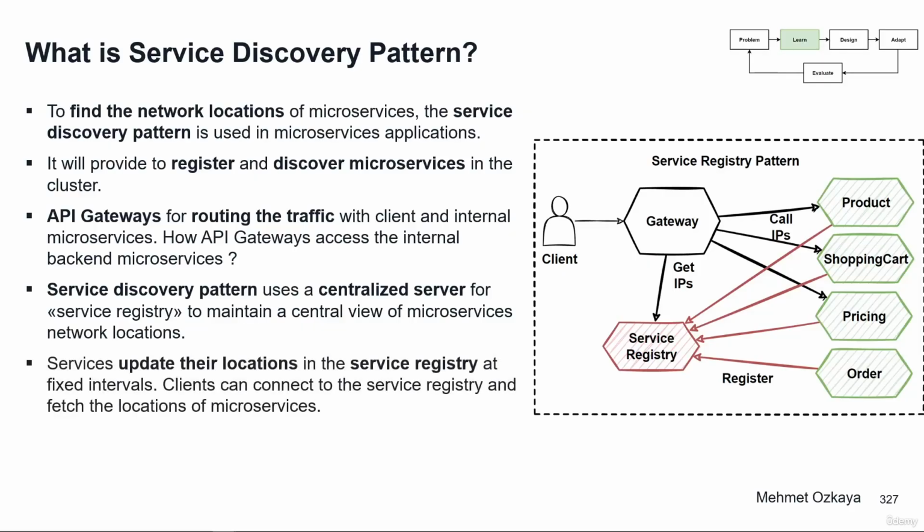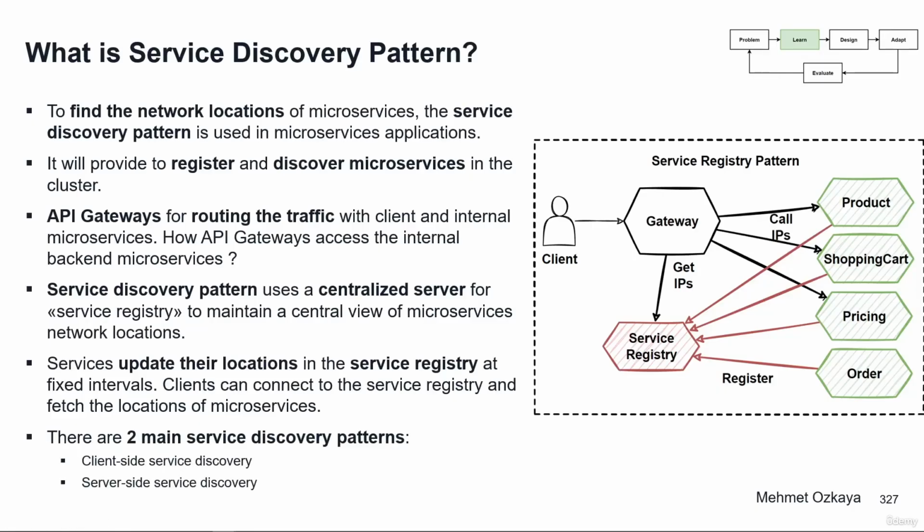And microservices update their locations in the service registry at fixed intervals. When any request comes from the client, you can see in the picture, the clients can connect to the service registry, fetch the location of the microservices and route the request. There are two main service discovery patterns available to implement service discovery for microservices: one is the client-side service registry and the second is the server-side service registry.